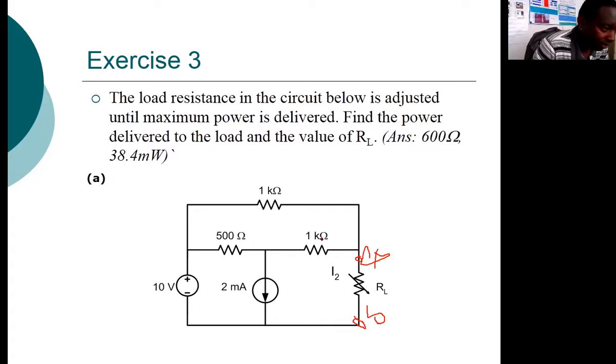Then using the 2 milliamp source, but here you should know that A is positive. Since we are using superposition, A is positive. Then for the source, we short circuit that, removing the voltage source. And then we have our 2 milliamps going that direction.